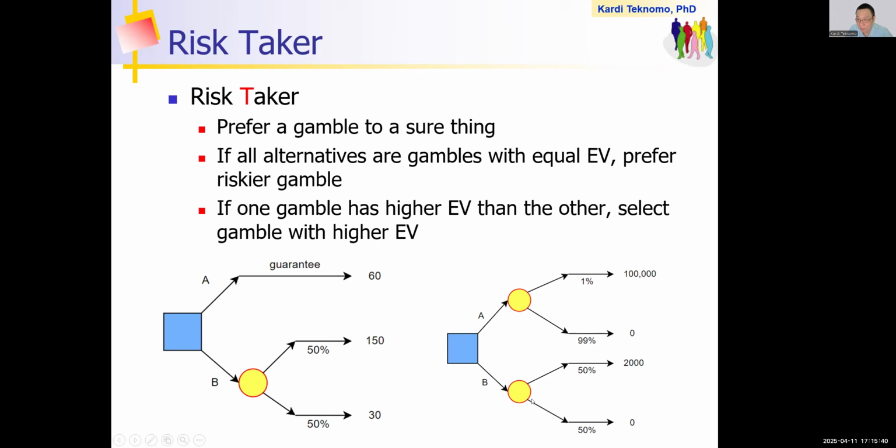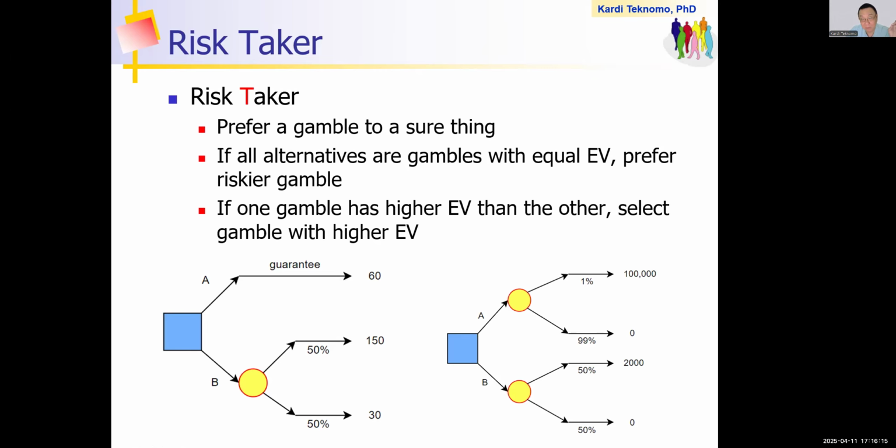Now, if the two alternatives are gambles with equal EV like this, they will choose the riskier gamble, A. But if one gamble has higher EV than the other, they will choose the gamble with the higher EV. So it's still logical. If you start to think this way, it's actually logical.